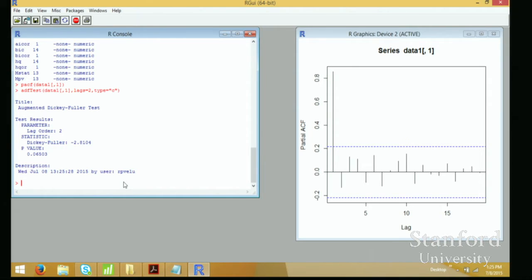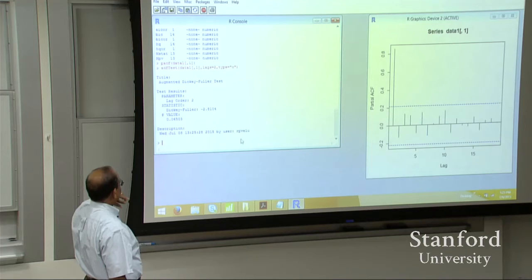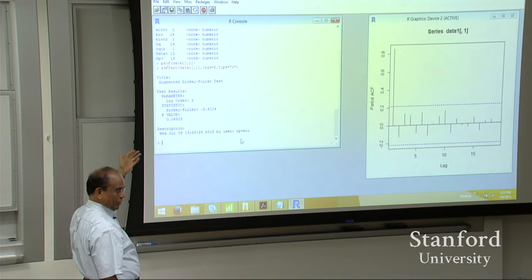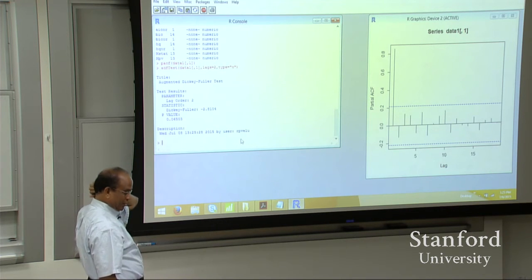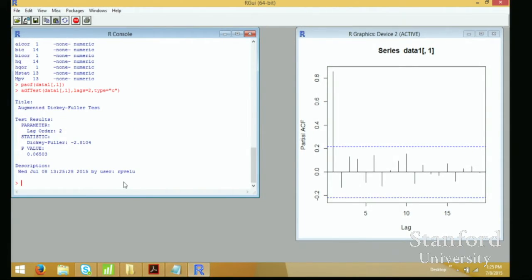That's what you get. You can see the augmented Dickey-Fuller test goes through the Dickey-Fuller test statistic. The p-value is 0.065. You are going to use the 5% level, right? You can accept it. You can check it for every one of them. But the next part is the one that I want you to follow.